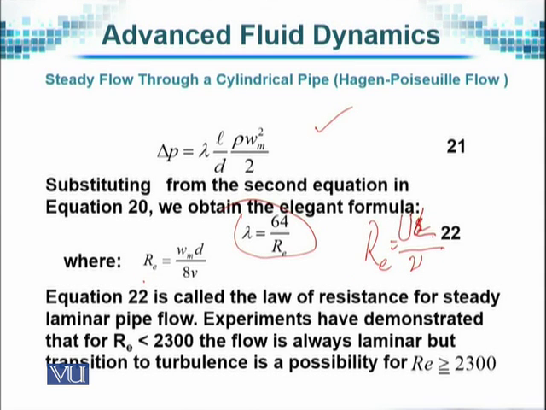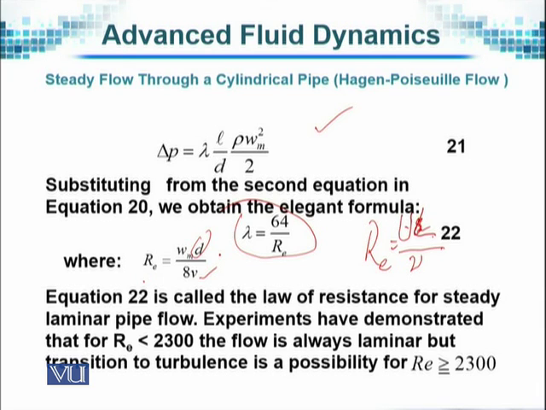And in this case, specifically, the velocity can be chosen as the average velocity of the fluid, because that is a representative velocity of this Hagen-Poiseuille flow field. D is the diameter, and nu, of course, is the kinematic viscosity of the fluid that is passing through the cylinder.